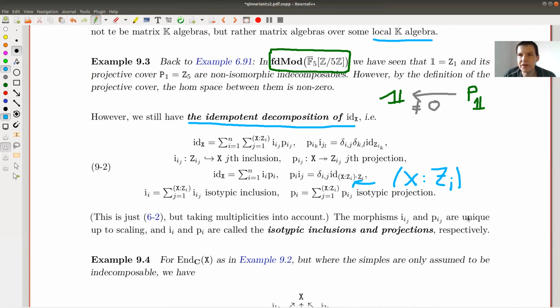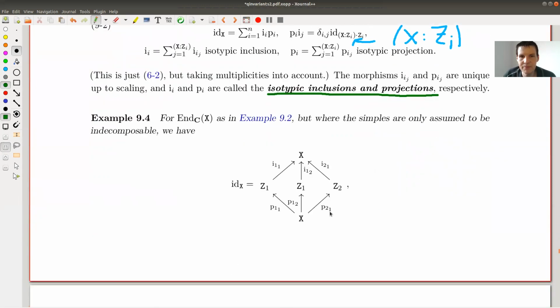The other ones are a bit trickier. They're not unique up to scaling. They mix a little bit. They exist, but they're not unique. What is an isotypic component? Well, let's go to this example, exactly this part. So you just collect all, so the green and the red, these are the isotypic components of X. And in this case, X is exactly in the same notation as above.